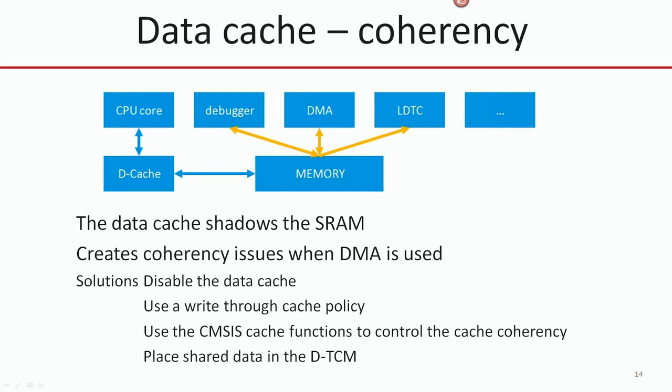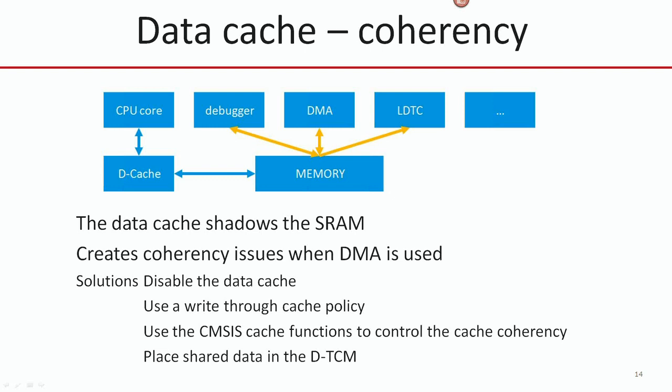It's also possible to control the cache coherency through a number of functions that we'll see in a moment that are provided through the CMSIS standard, so that we can invalidate memory or flush memory so that we maintain coherency between the cache and the underlying memory.